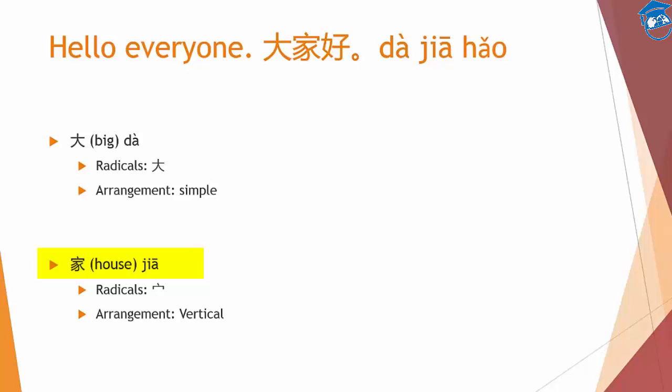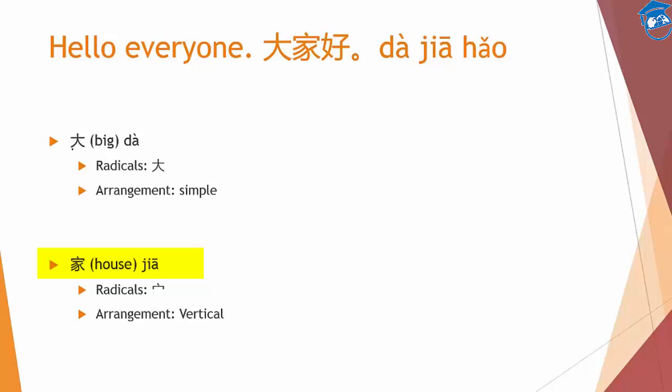It is 大家好. Okay, so the only two new words are these two, so I'm only gonna explain the two words here. So the first one is 大. Okay, the single meaning is big, but when it's combining with the next word, it means everyone.